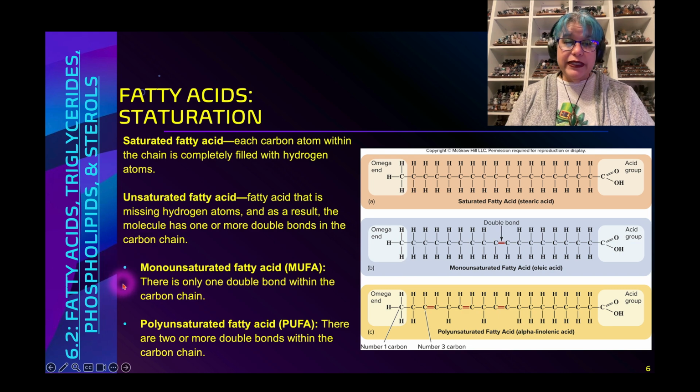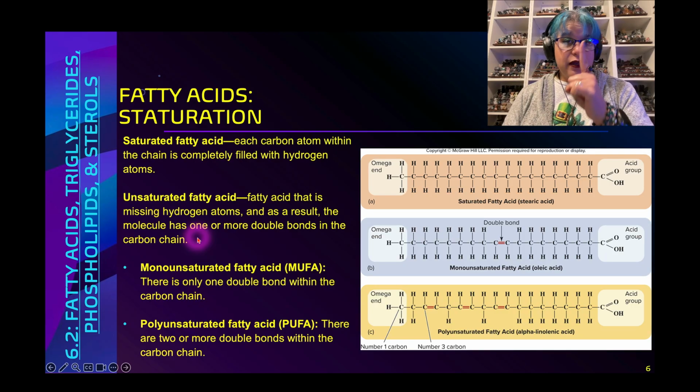So when you look down here, I can have something that is monounsaturated, meaning that there's only 1 double bond, because mono means 1. Or I can have polyunsaturated, meaning that there is more than 1 double bond. It can be 2, it can be 4. It doesn't matter. If it's more than 1, it's considered poly.